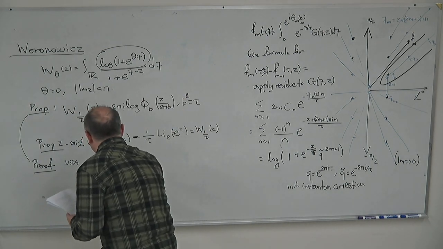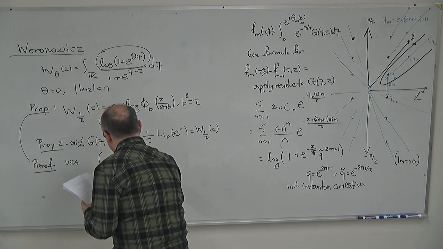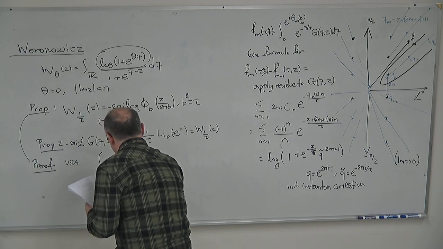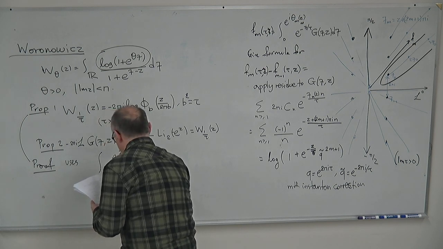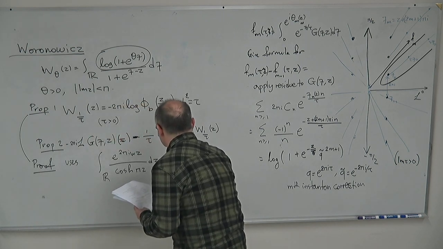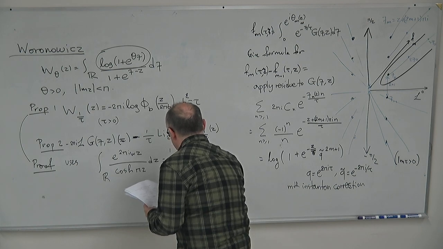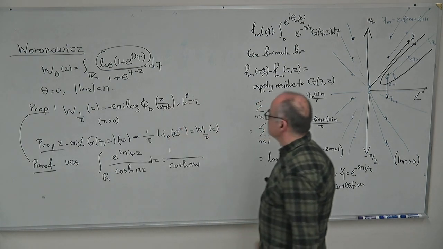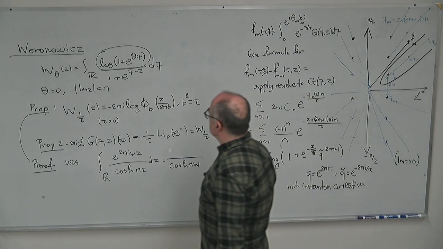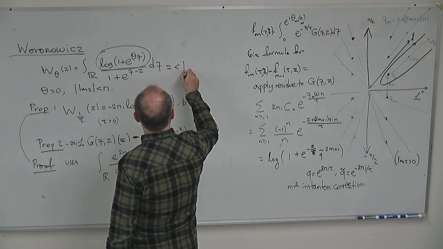which is that the Fourier transform of 1 over cosh is 1 over cosh. Okay, so this is the inner product of two functions.